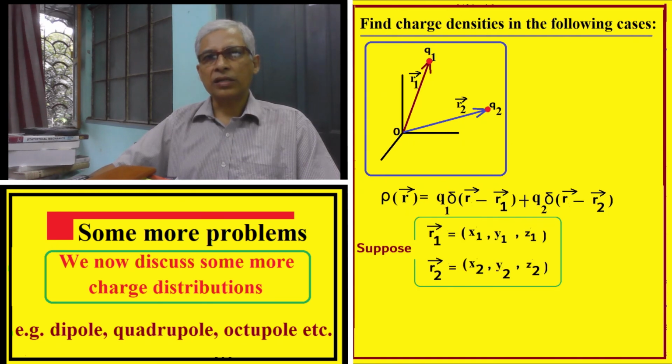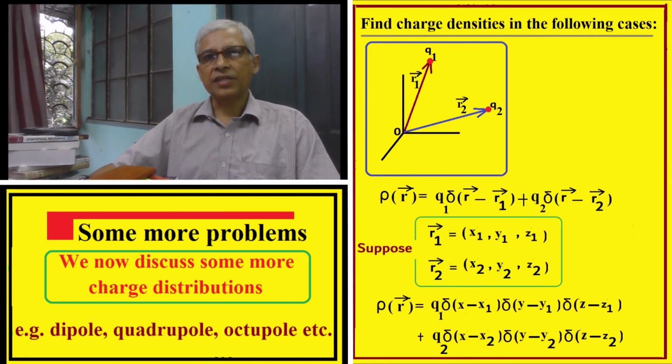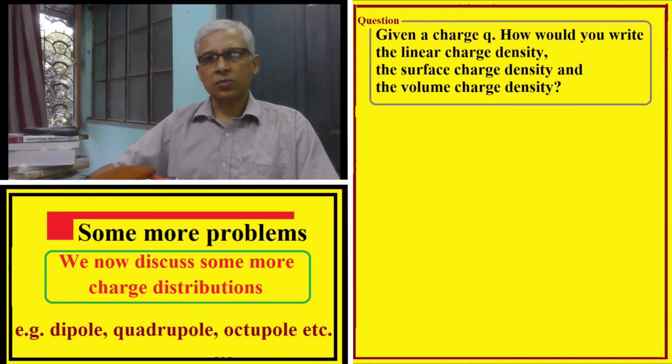Suppose vector R1 has coordinates x1, y1, z1 and vector R2 has coordinates x2, y2, z2. Then the charge density can be written by splitting the Dirac delta into x part, y part and z part as shown in the slide. The last problem before we call it a day.